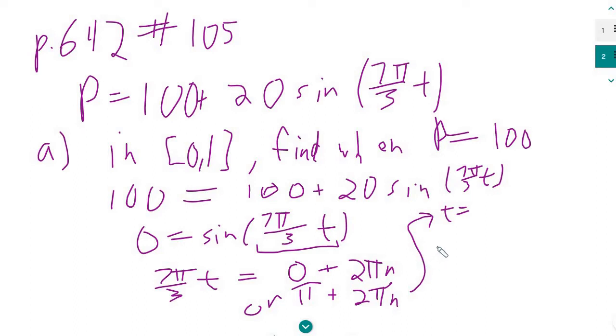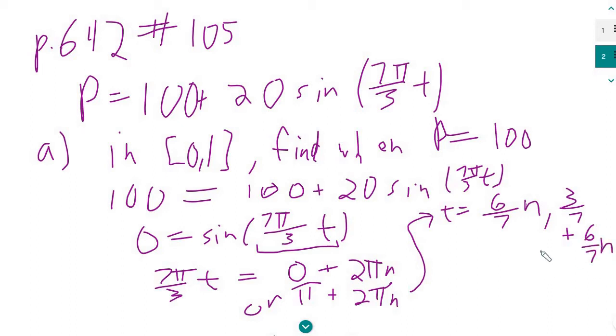So the pi's would cancel out, and you'd have 2 times 3 is 6, so 6 over 7 n. Okay, so the n is still there, and I'll talk about what that means in a second. And then the other possibility is, taking this pi, dividing that by 7 pi over 3 would give me 3/7, plus 6 over 7 n.